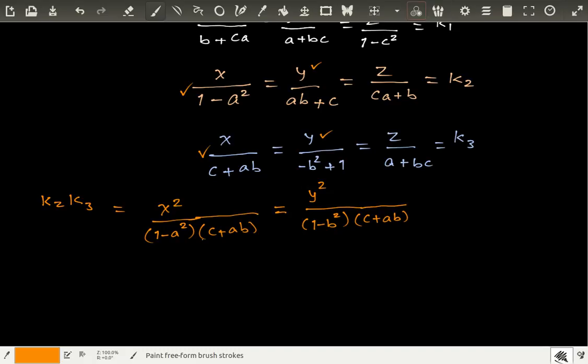So now we see that this c plus ab and this c plus ab cancel each other out, assuming c plus ab is not equal to 0. So we have already proved this relationship.